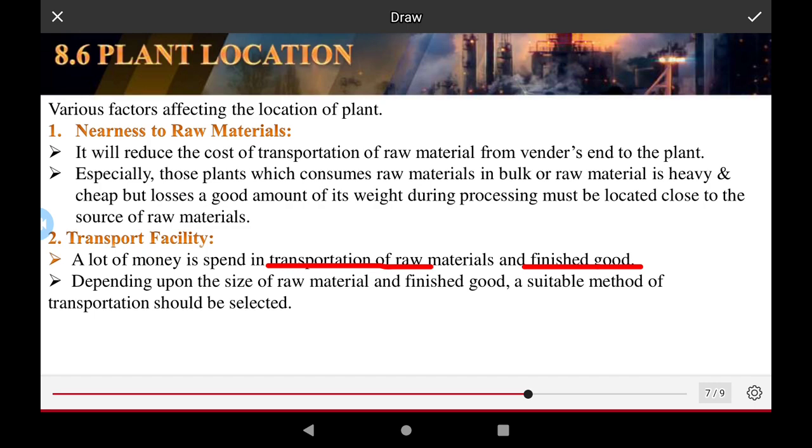Depending upon the size of raw materials and finished goods, a suitable method of transportation should be selected. If transportation facilities are good in the area of plant location, the plant reduces the transportation cost of the raw material and goods.